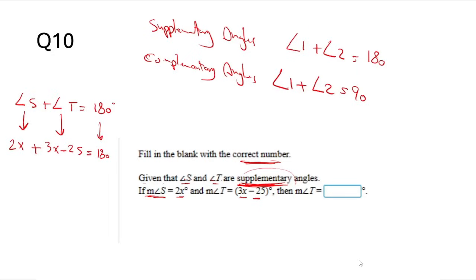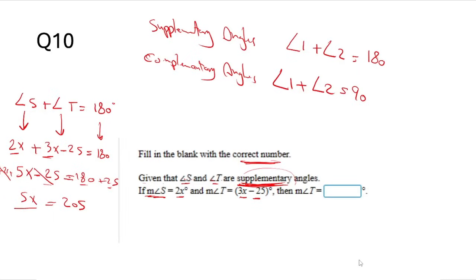So let's simplify this one. 2x plus 3x is 5x minus 25 equal to 180. To remove this one, I have to add 25 here and plus 25 here. This one will cancel, so 5x would be equal to 180 plus 25, which would be 205, right?